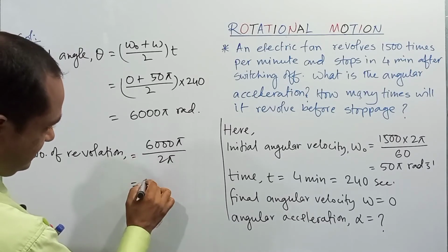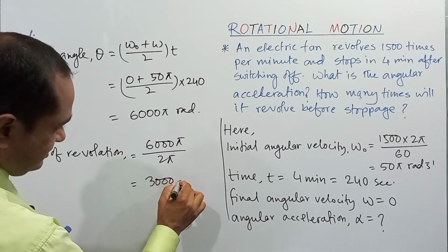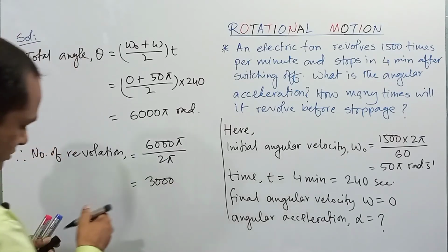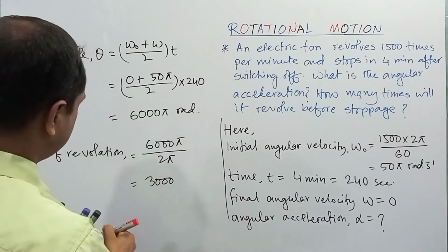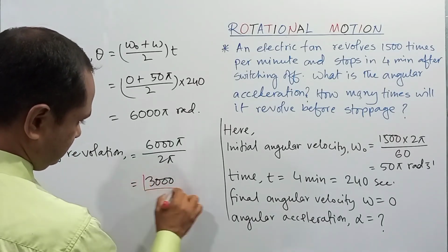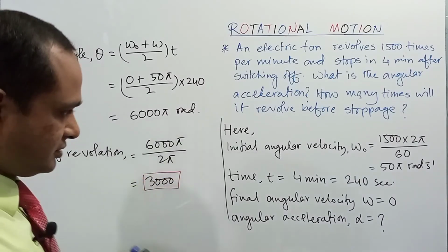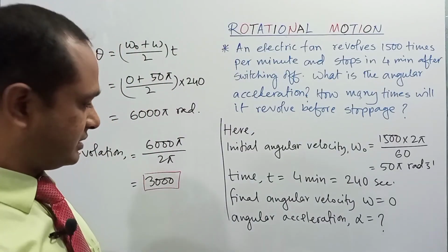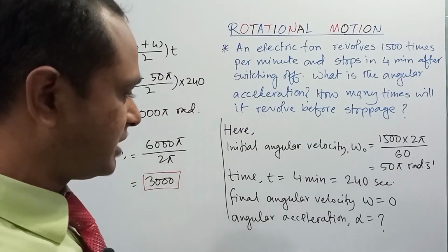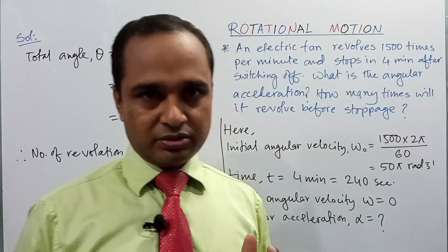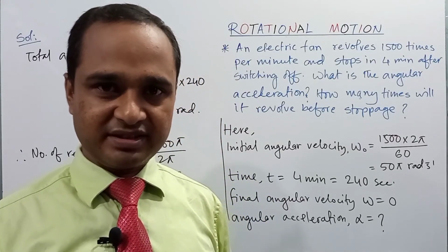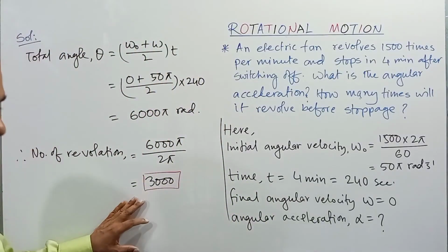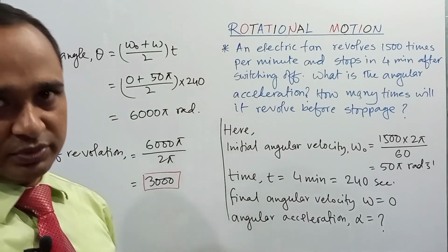So it will be 3,000. So the number of revolutions will be 3,000. So dear student, the angular acceleration that we calculated earlier was minus 0.654 radian per second square, and the number of revolutions will be 3000. Okay, I hope you got it.